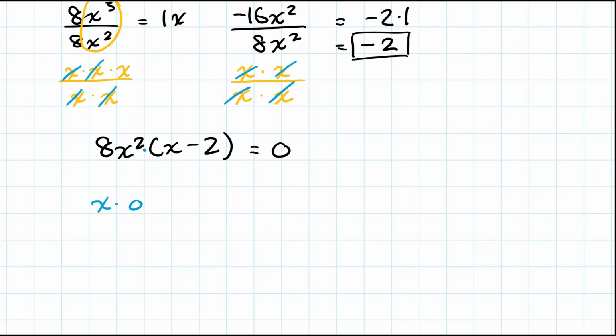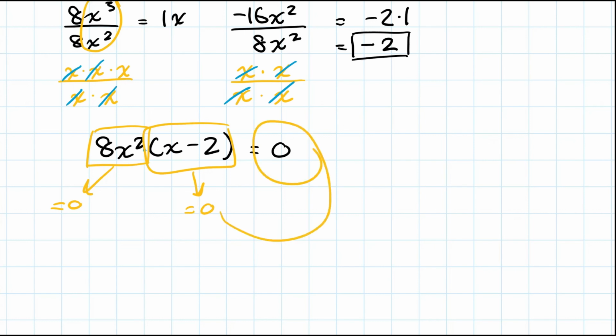X multiplied by 0 is equal to 0. 1 multiplied by 0 is equal to 0. Therefore, if you make this half equal to 0, the whole thing equals 0. And if you make this half equal to 0, then the whole thing equals 0.